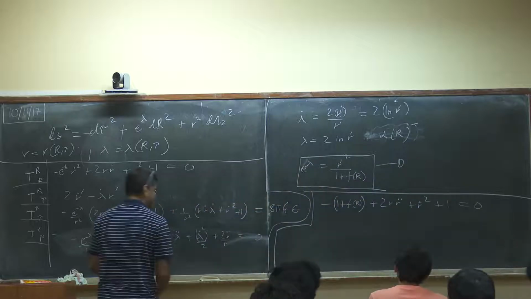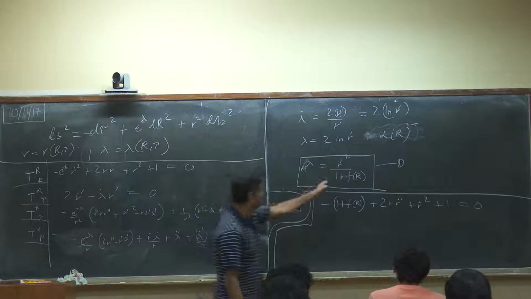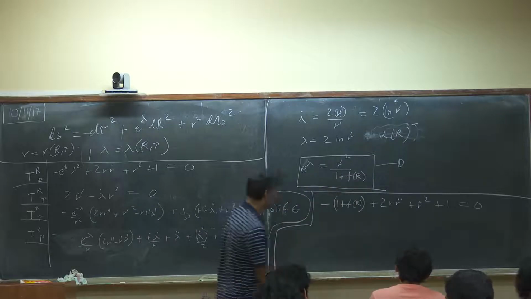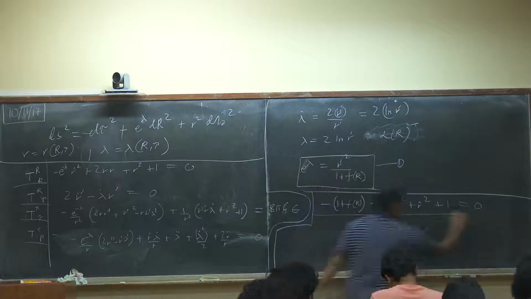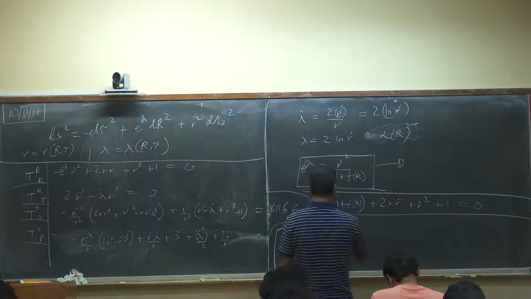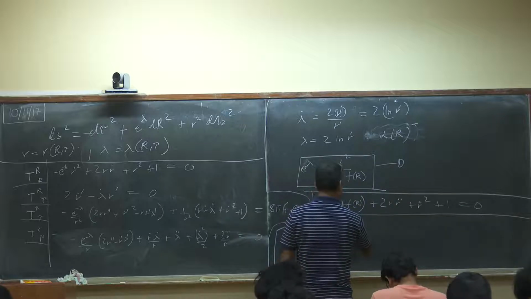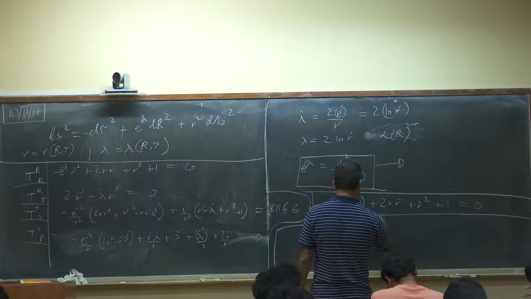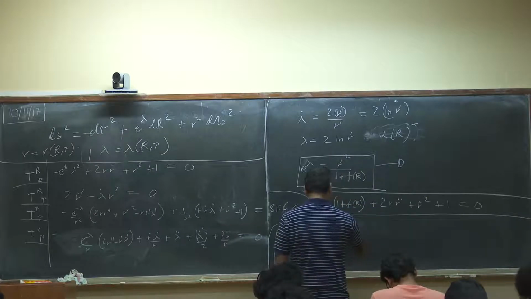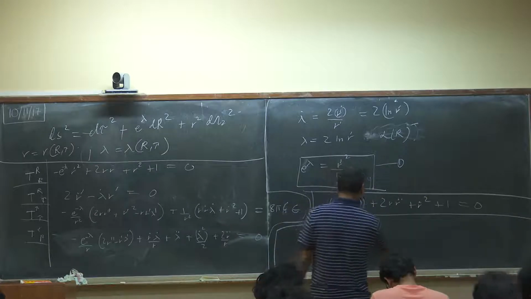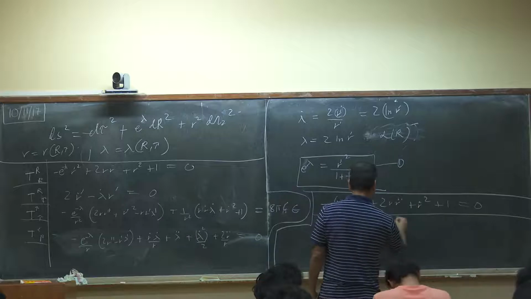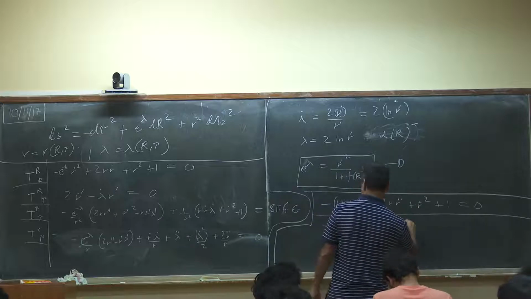The 1 cancels. The 1 cancels. That's probably why they write 1 plus f of r. And so our equation becomes minus f of r plus r dot squared plus 2r double dot plus minus f of r.